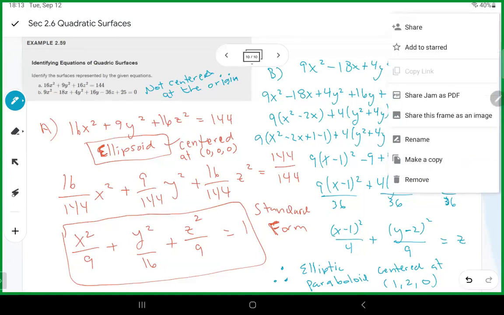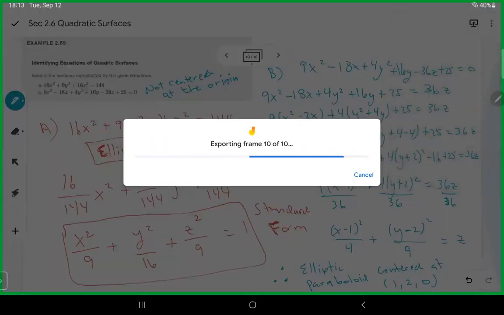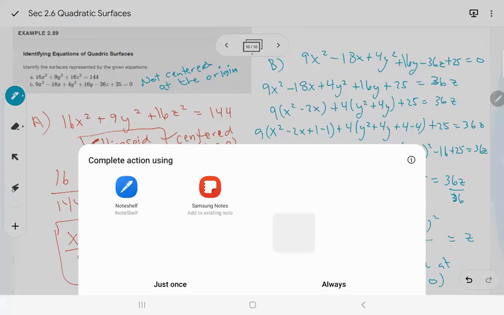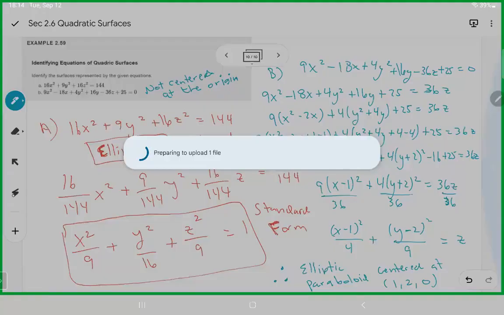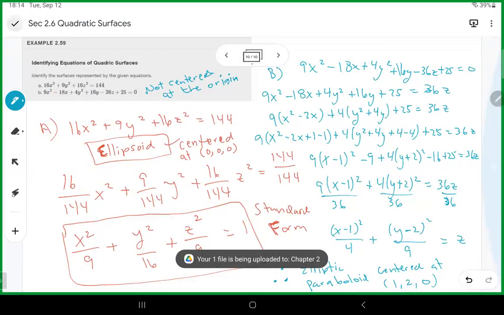I want to save the PDF real quick, because I don't know if we use that. Okay. And then we're going to move right into 2.7.